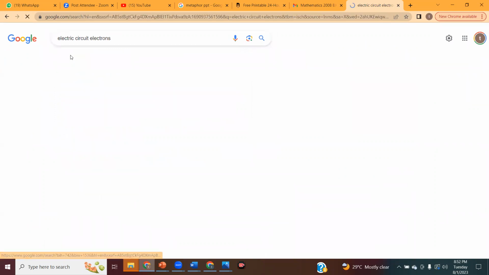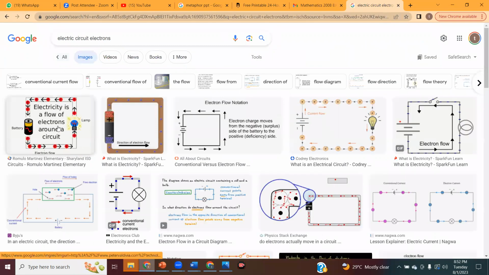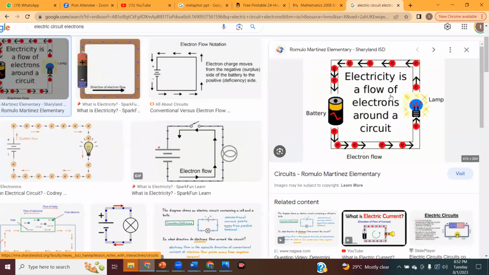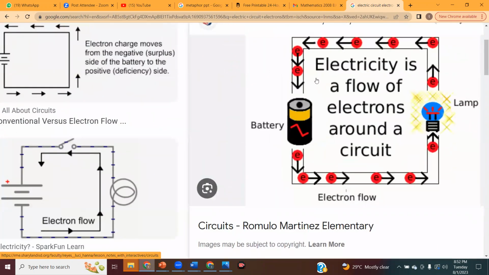If you look at it, the electricity is happening because of the flow of these electrons. And the electrons give a negative charge. So every time you have electricity, it's because of the electrons.